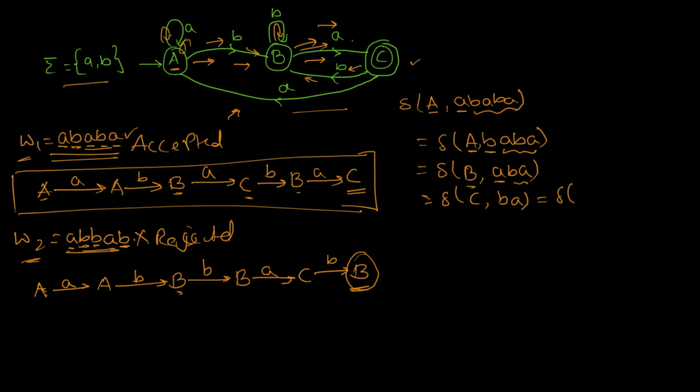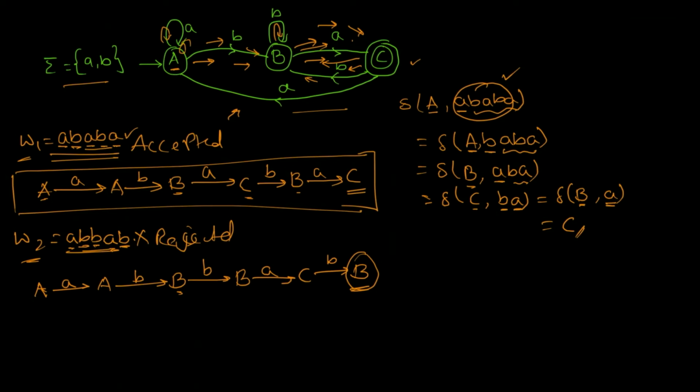From state C, on seeing B, we go to state B, and the rest of the string A comes here. From state B, on seeing A, it goes to final state C. Since we reach the final state after completing the string, we say that the string ABABA is accepted.